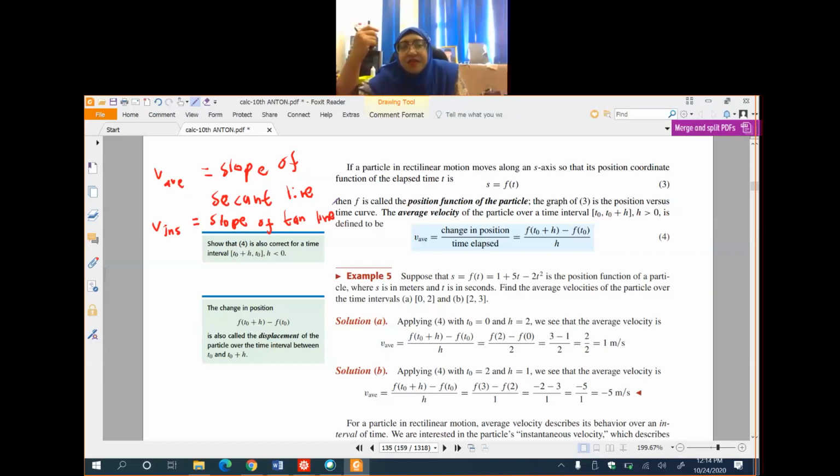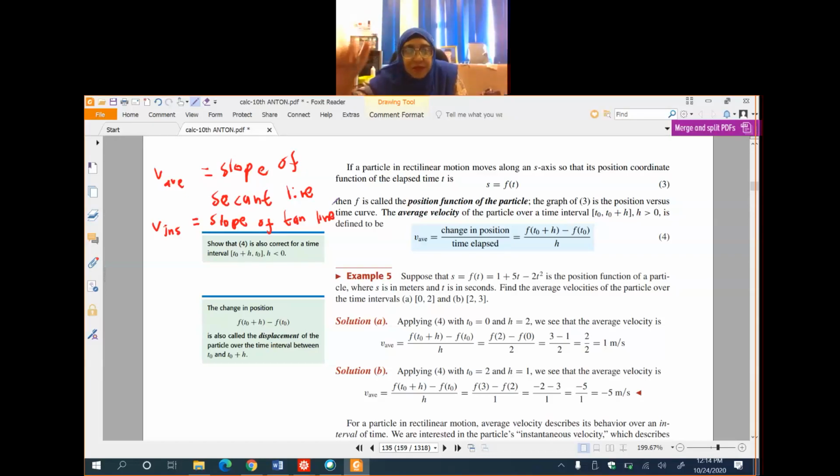The slope of the secant line is without the limit expressions. Okay, you don't have the limit. But if the questions ask you for the V instantaneous velocity, then you have to use the slope of the tangent line that has the limit expressions.